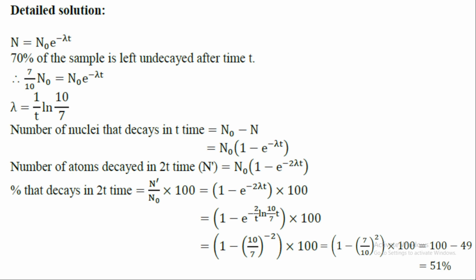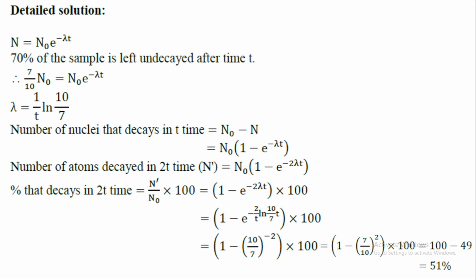The number of atoms decayed in 2t time would be N dash. N dash would be equal to N0 times 1 minus e raised to the power of minus 2 lambda t, because now t is equal to 2t. So 2 lambda t, or minus lambda into 2t.